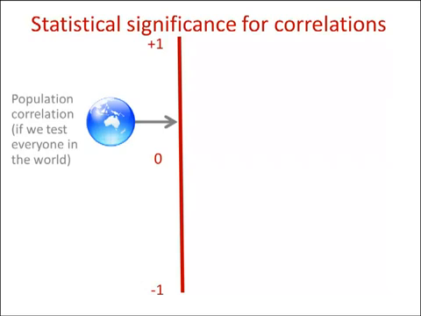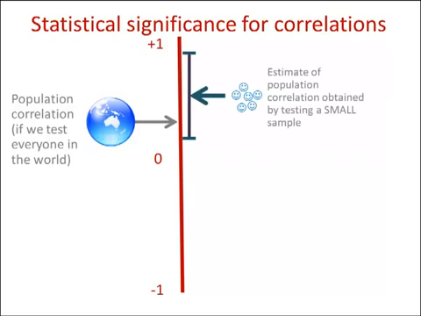So here's our population. Imagine this is a situation where that's our population correlation. It's not zero, it's, what would that be, 0.2, 0.3. We test a small number of people. It gives us an estimate which is roughly in the right ballpark for the population correlation, but not spot on. You can see it's got a big margin of error because we've only tested a small number of people.